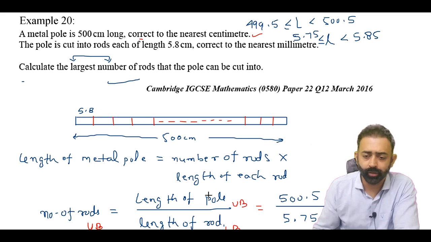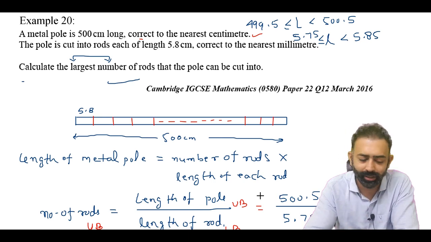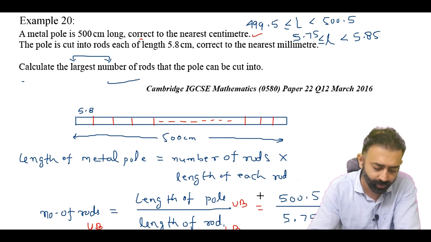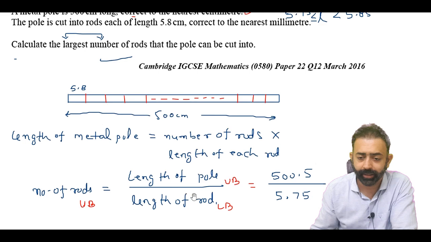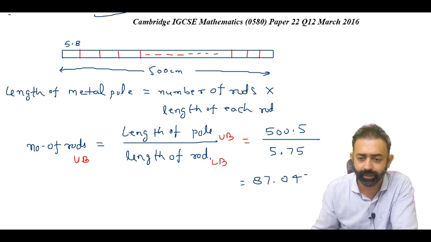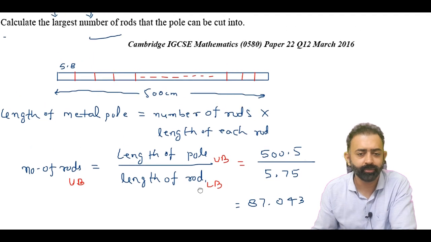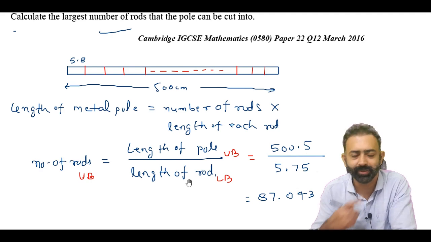Now, as you can see, this is a complicated decimal, so I am using a calculator. 500.5 divided by 5.75 is giving me the answer as 87.043 something. Now again you pause the video and think what will be the number of rods.